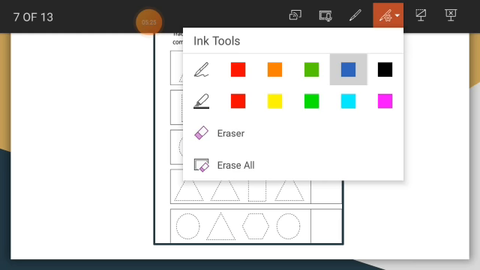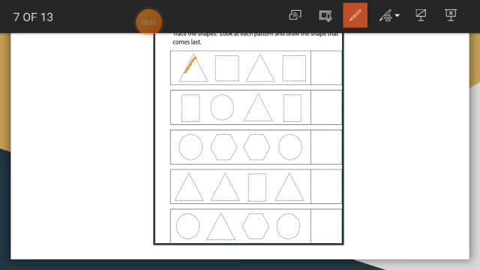Now first trace the shape. I am going to trace: this is a triangle, this is square, triangle, square. Now which shape will come next? Triangle. Very good. Now I draw the triangle in the last box.